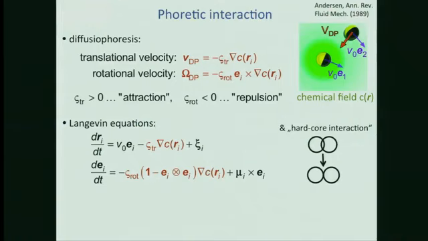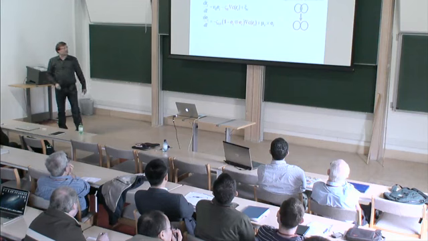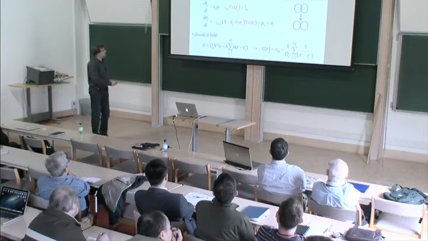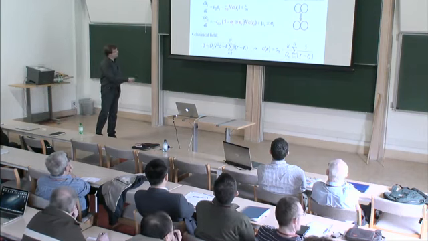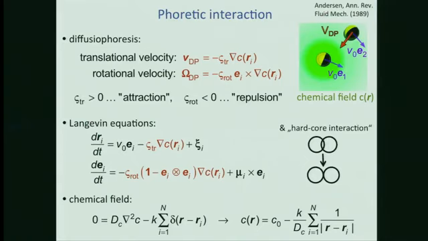And in addition, we also introduce some hardcore interaction rule. Simply, when these particles overlap, we just put them apart symmetrically so that they don't overlap anymore. So that's a very simple interaction rule. And then we also have the chemical field. So the particles, at least that's what you assume here, act locally as a sink, so they are a source for the chemical field.